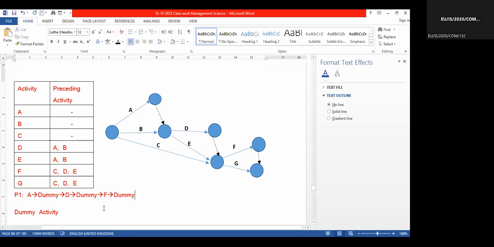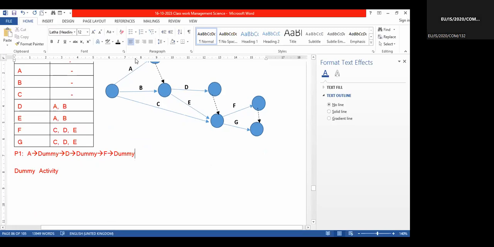Okay, this is path 1. A, dummy, D, dummy, F, connect to dummy. Right?